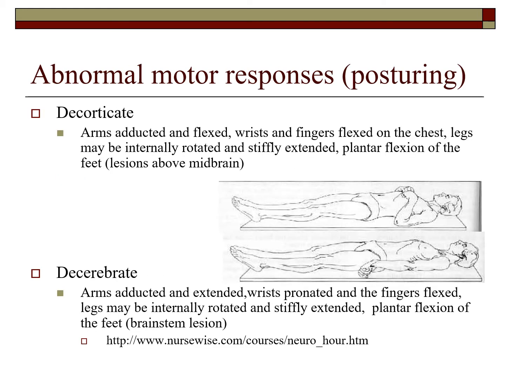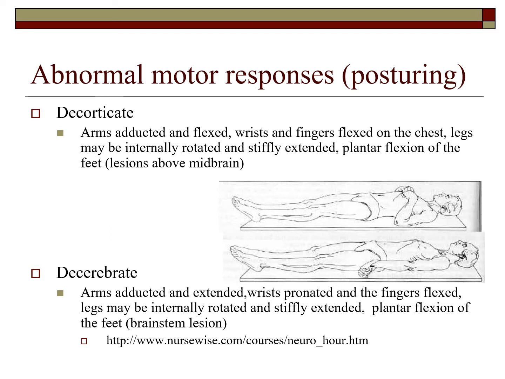So these are not good posturing. And posturing, we really look at the arms for that. You can see the legs are kind of extended and internally rotated, but look at the arms for the cue if they're decorticate or decerebrate. So the first image is decorticate.